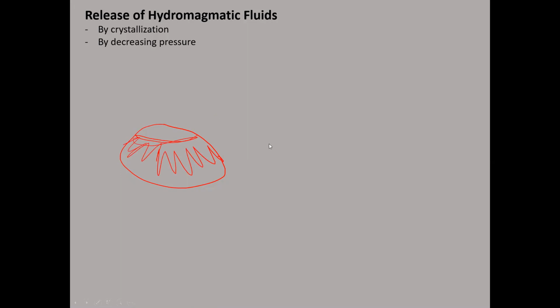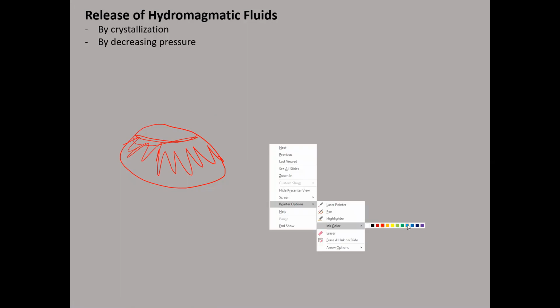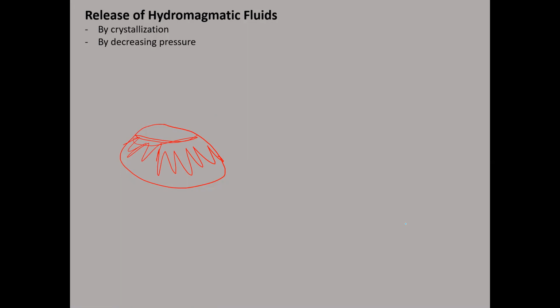As that melt becomes more and more concentrated, what we will see is that eventually the fluids that are contained within that magma can no longer stay dissolved. So just as we saw when we talked about pegmatites and aplites, these fluids are actually going to be released into the surrounding rock.